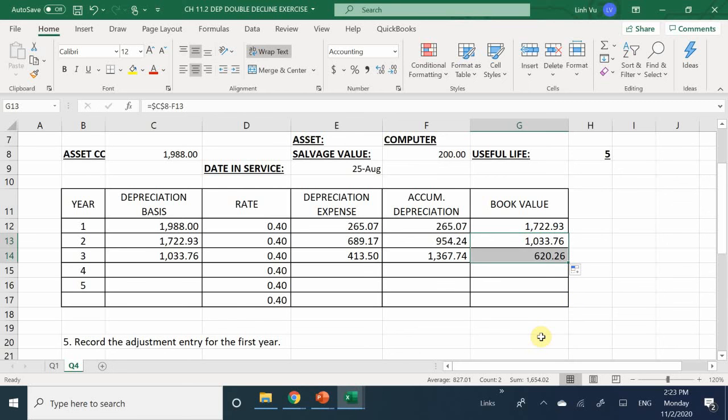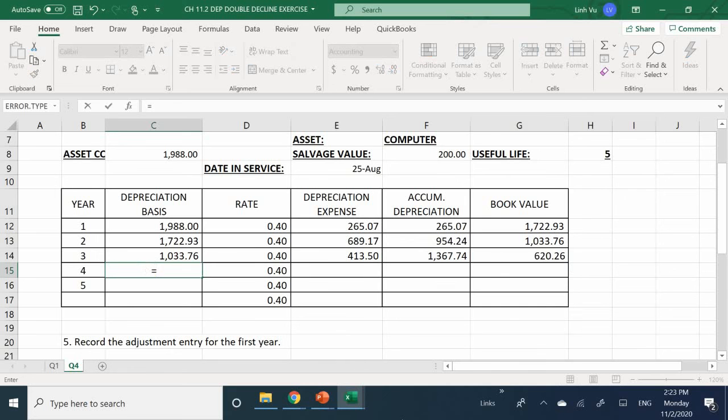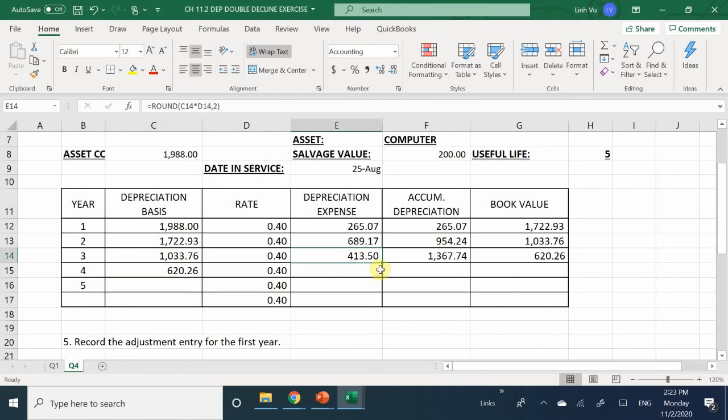That carried over all the way to the new depreciation value. Yes. So for year 4, that's my new depreciation basis. Now let's solve for 40% of $620.26. $248.10. Good.